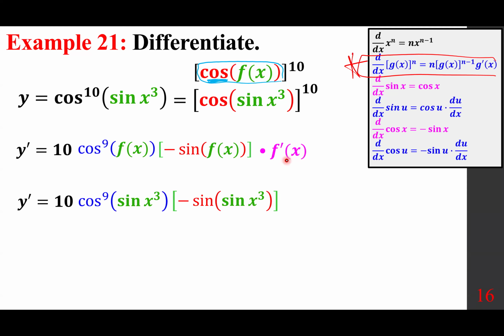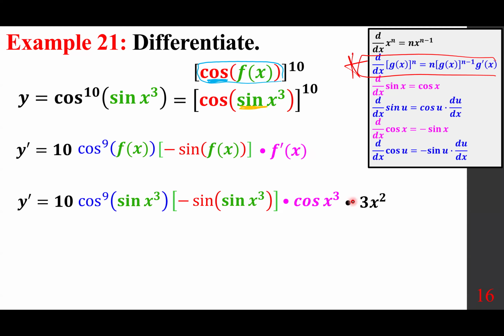What is the derivative of sine of x cubed with the sine? The answer is cosine. Cosine of what? Same thing, x cubed. You can't write the cosine without the argument. But the chain rule says, what is this? This is a function of x, so its derivative, which is 3x squared. And now we are done.